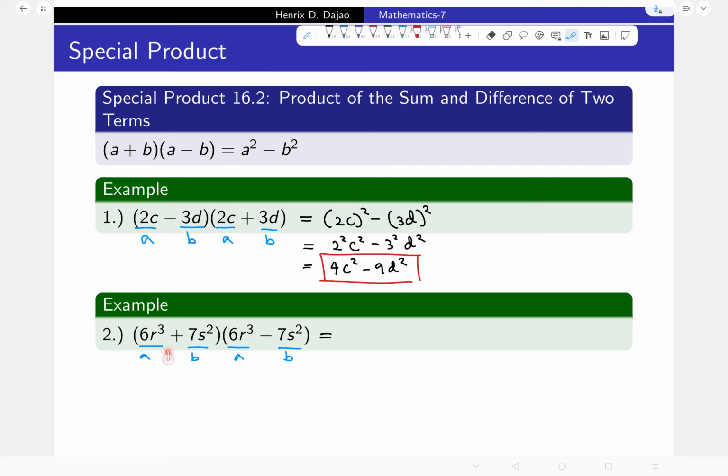So take note that this is actually in the form of a plus b, a minus b, so use this pattern. So we have a, our a is 6r cubed, then squared, minus 7s squared raised to 2. So just simplify.